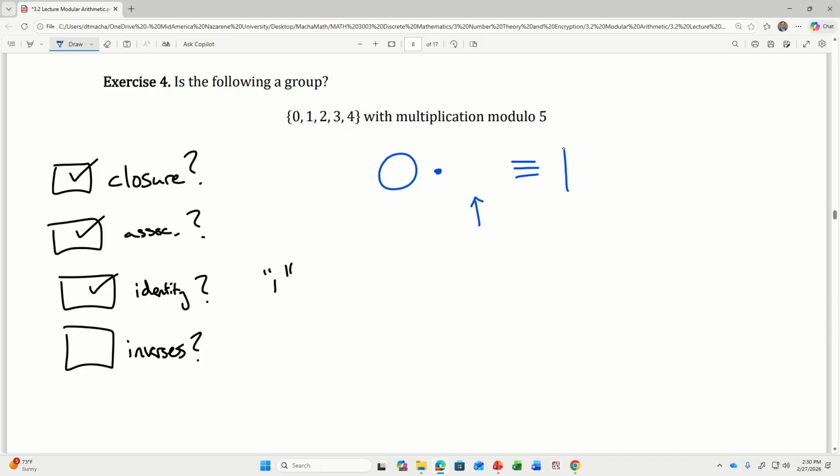And so there is no inverse for 0. So we fail the inverse question, and this is not a group. We can have a group if we get rid of the 0, but not with the 0.